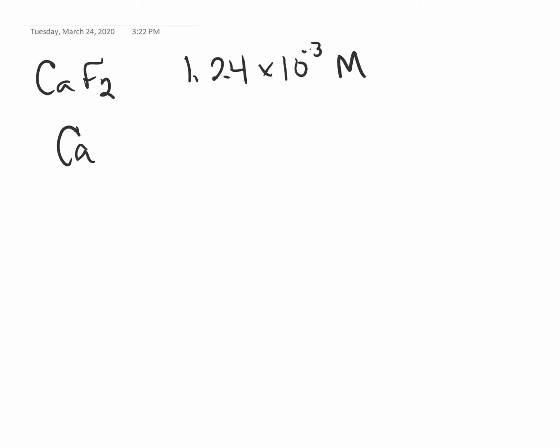All right, so the first one says that the molar solubility of CaF2 is 1.24 times 10 to the minus 3 molar. Now that's pretty small because it's to the -3. That's telling me how much of that would dissolve. So the first thing I'm going to do is write my equation.